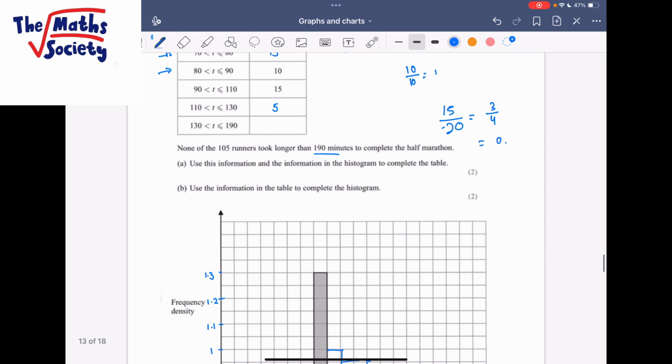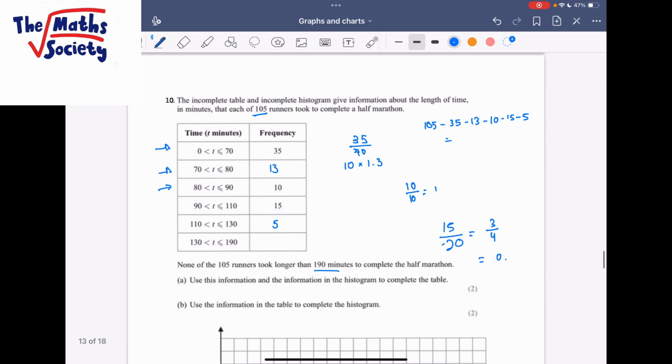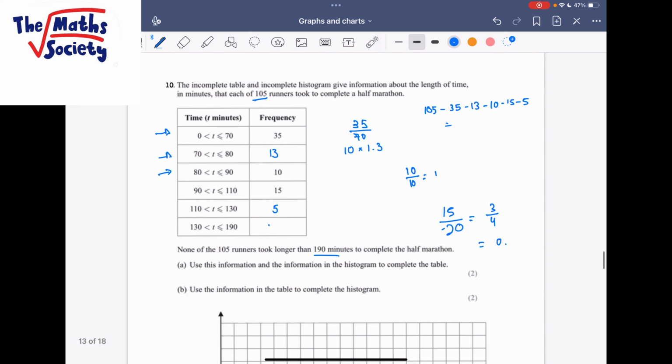And then you have 130 to 190, but because we don't have the one in the histogram as well, we can just calculate. It says 105, just 105 minus all these numbers, 35 minus 13 minus 10 minus 15 minus 5, to get an answer for the frequency for 130 to 190, which is 27.